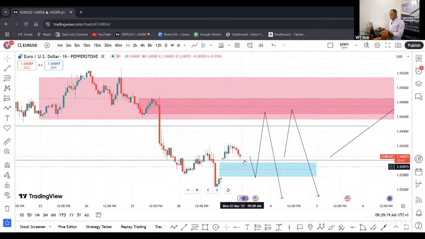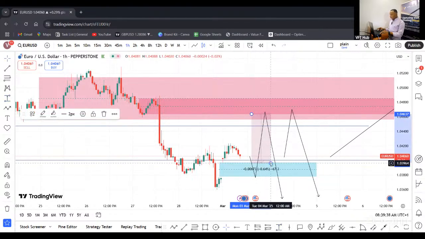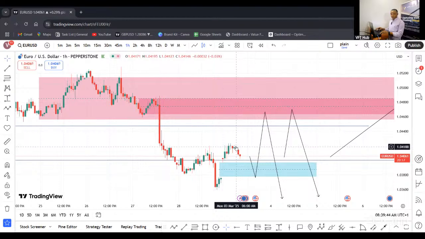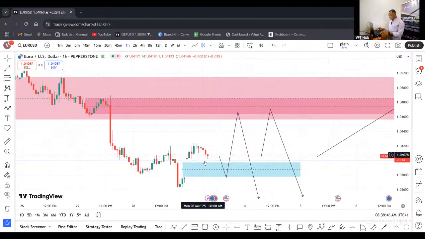Else, you can just take a quick scalp. If you see price showing signs of selling, you can take a quick scalp to this level, fill up here, and then take a quick scalp again upwards. Then you can take the swing trade to the downside. So I'm expecting this to play out. So either of these two will play out today. Now this is about an 85 pip range. So this is going to be quite an interesting period to watch on Euro USD.